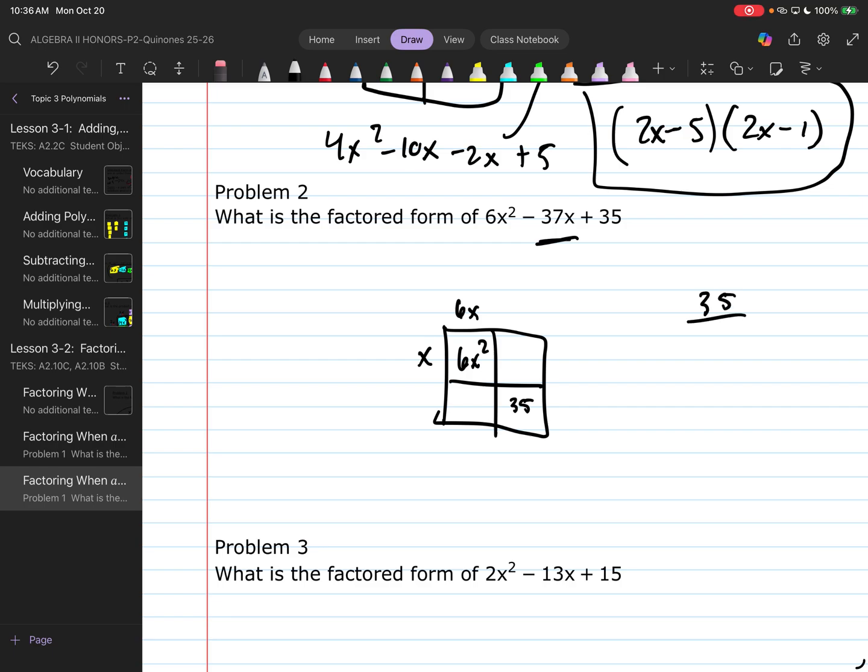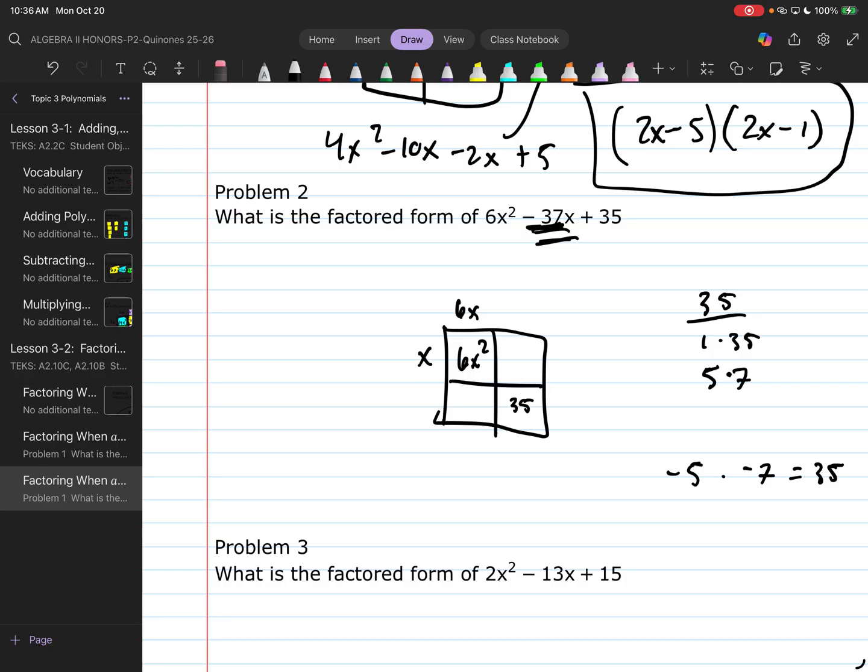Factors for 35, there's only 1 and 35, and 5 and 7. However, we need to get to negative 37, so I really should use the other version of it. So negative 5 times negative 7 will still give me positive 35, but it'll allow me to add to negative 37 at some point.